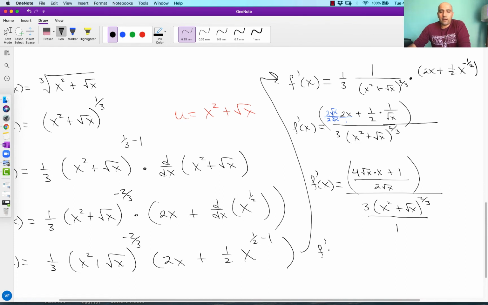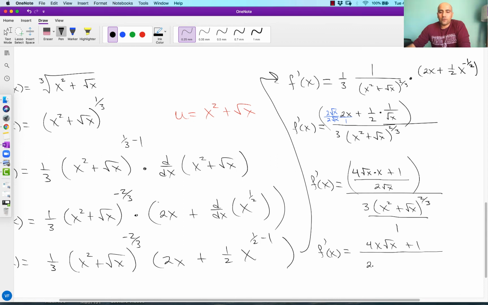And so we get that f prime of x is going to be this giant fraction, where in the numerator we'll find these two. This would be 4 times root x times (x plus 1) times 1, that doesn't affect anything, and then the denominator will have these two.